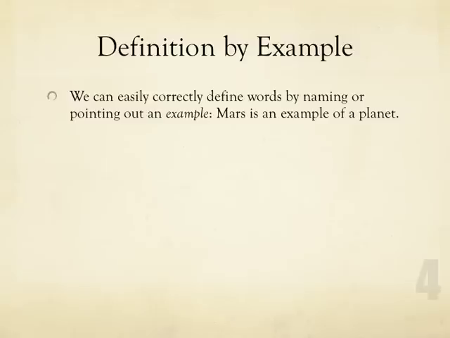Sometimes when you're writing you say for example, for instance, you're giving an example. So let's take the word planet. I could define that by just pointing out, hey, Mars, that's an example of a planet. If you didn't know what a planet was, you could just point out, oh yeah, there's this planet, it's sort of red. It's a little bit further from the Earth. It's further from the sun than the Earth is.